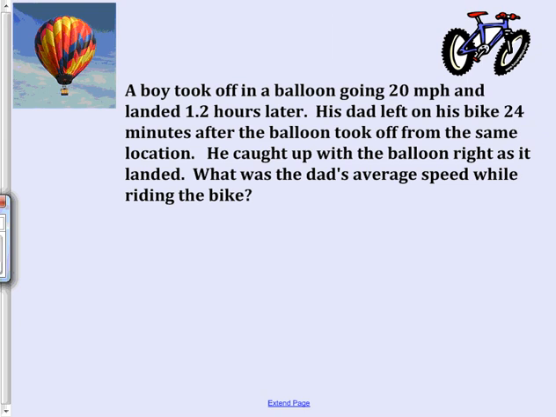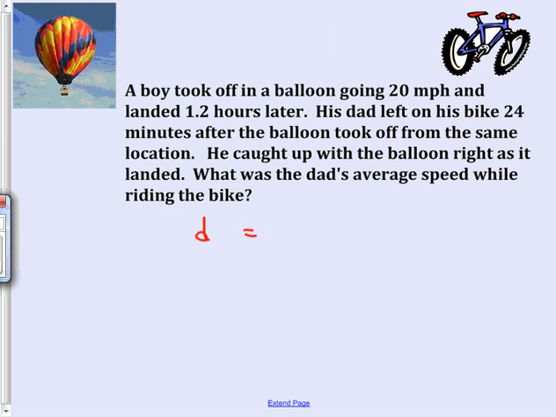So here is what a problem like this is based on. Did you notice that they're talking about distances and rates and times? Therefore, it's based on distance equals rate times time. So we're going to make a little chart, and you're going to do this on each problem.